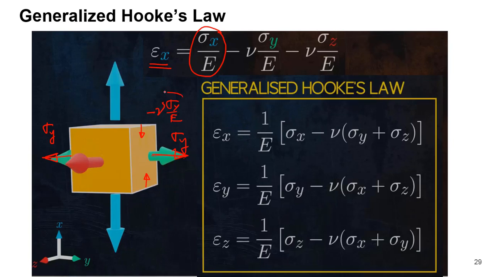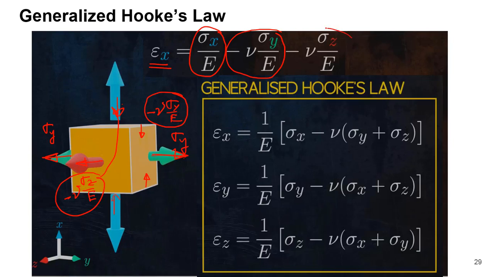This will also affect the x axis separately, so you have to consider what is happening because of sigma y. Similarly, in the z direction some stress sigma z is there, and because of that the longitudinal strain will be sigma z by E, and because of that strain the Poisson's ratio, with the negative sign, will act again in the x direction.